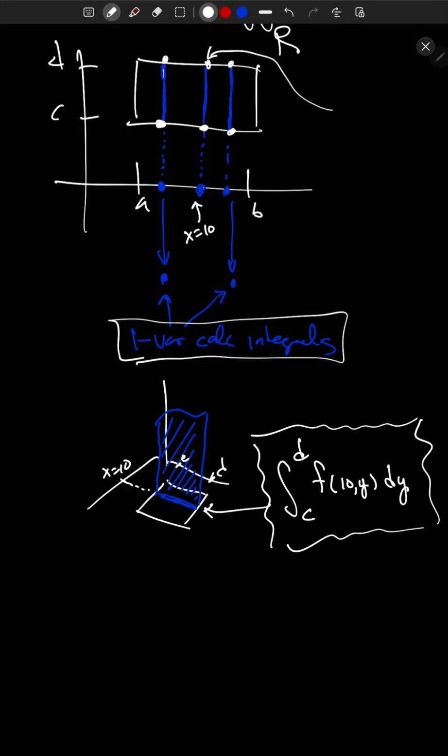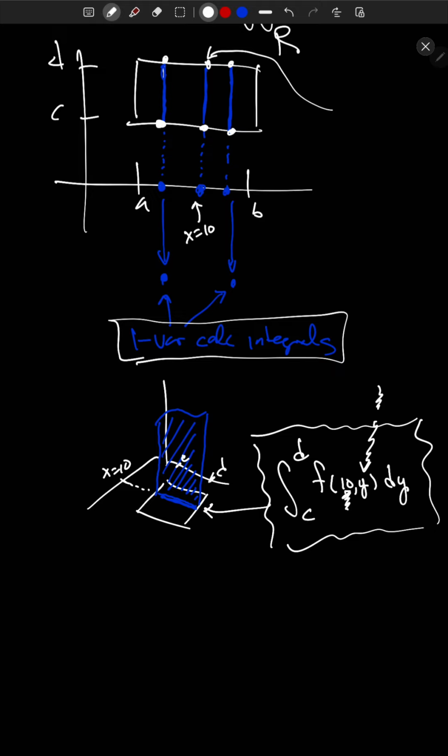And this should be very reminiscent of what we did with partial derivatives. We were thinking of one of the variables as moving and the other variable as constant. So in this example, y is the moving variable. This f is a function of y and not x, because x is constant at 10.